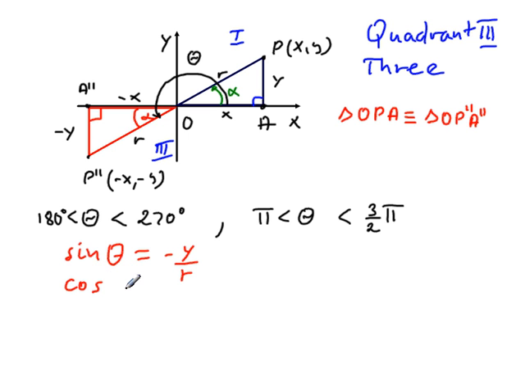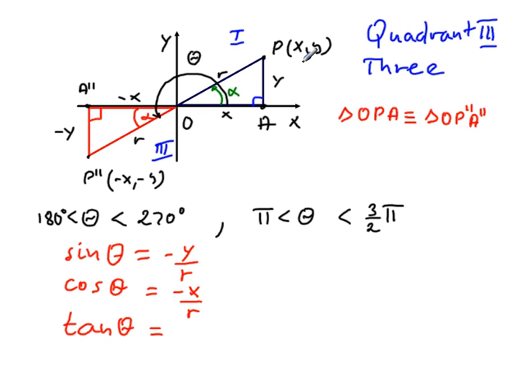Cosine ratio, recall from quadrant 1, this is the ratio of x over r. So for angle theta, by the same analogy, angle alpha here is the related angle, and the ratio is adjacent over hypotenuse, which is negative x over r. Tangent ratio.